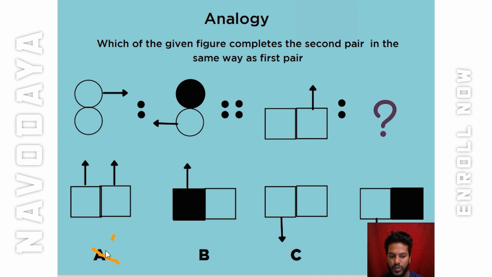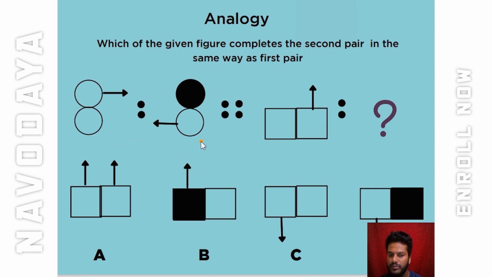Answer A is wrong because it's showing upside. Answer B is also wrong, it's showing upside. Now we look at answer C and answer D, because we have a 50-50 choice. The arrow should be downside, and A and B are completely out. Now we have C and D, which look similar. In C, we have two empty squares, but we need one shaded.